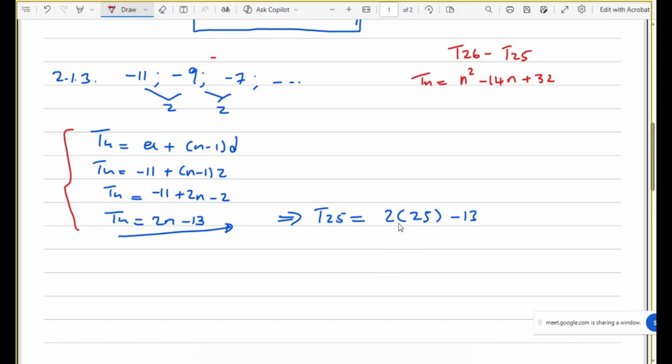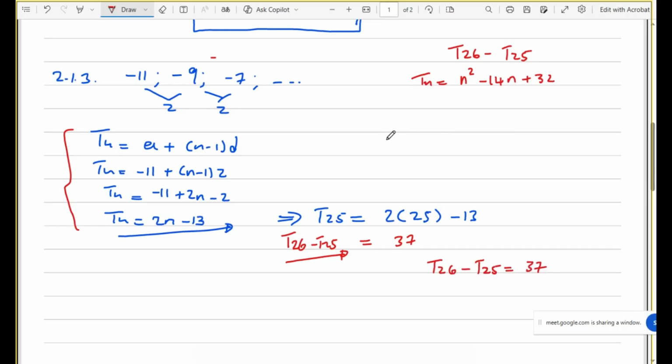So now, guys, you say this is 37, né? Yes, sir. Okay, right. Because 2 times 25, that's 50. When you say 307, I was surprised. So now, this 37 is equal to T26 minus T25. So what I'm saying is that the difference between T26 and T25 is 37.